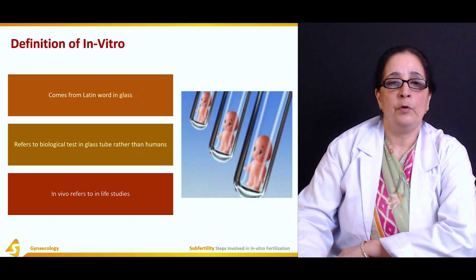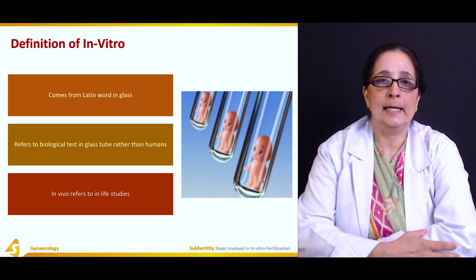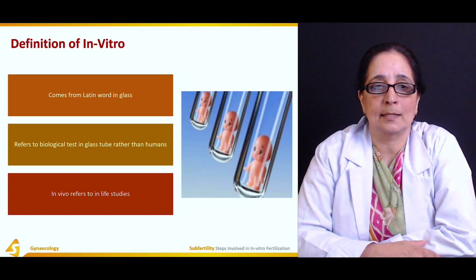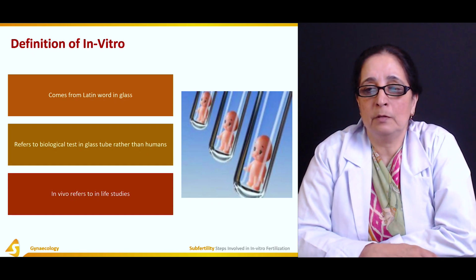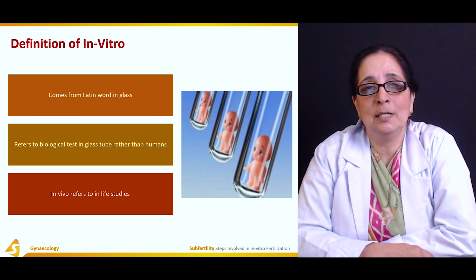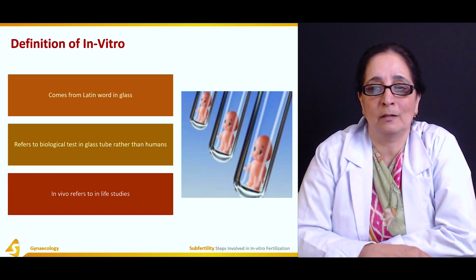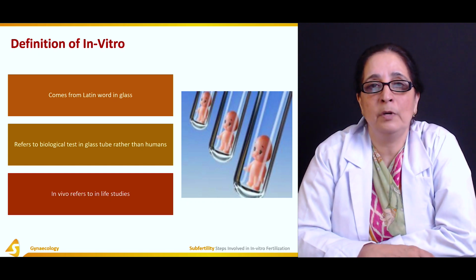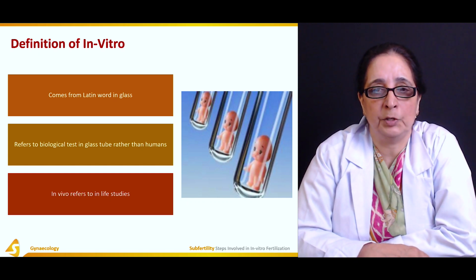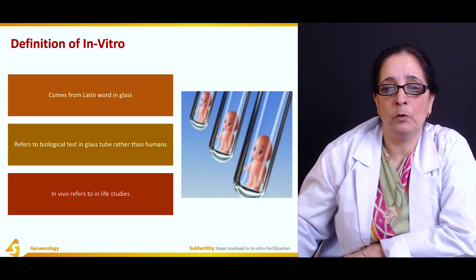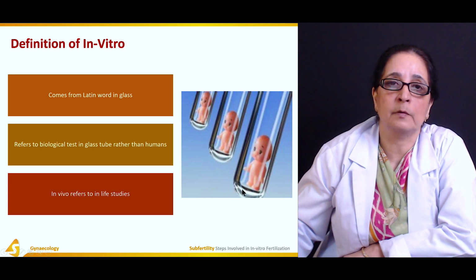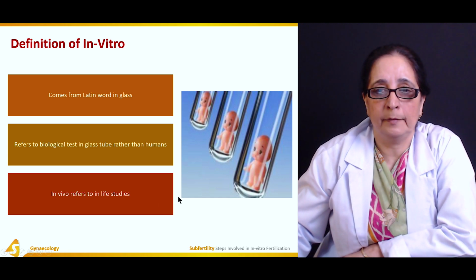So the word in vitro comes from the Latin word, which means glass. Initially, a very common term used was test tube babies, or glass tube babies, and that was in vitro fertilization, in which the embryo is fertilized in the glass tube and then transferred into the uterus of the mother.